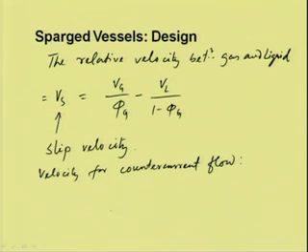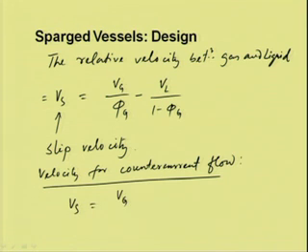Assigning the negative sign to V L, for counter current flow this relative velocity V s will be V g by phi g plus V L by 1 minus phi g. Now, we will calculate the specific interfacial area.